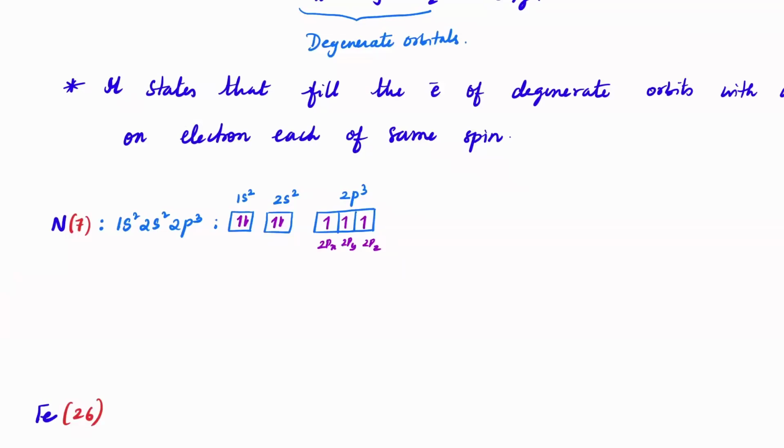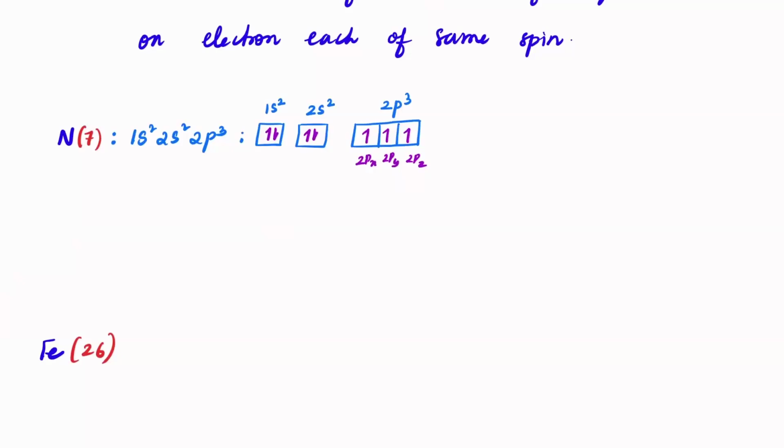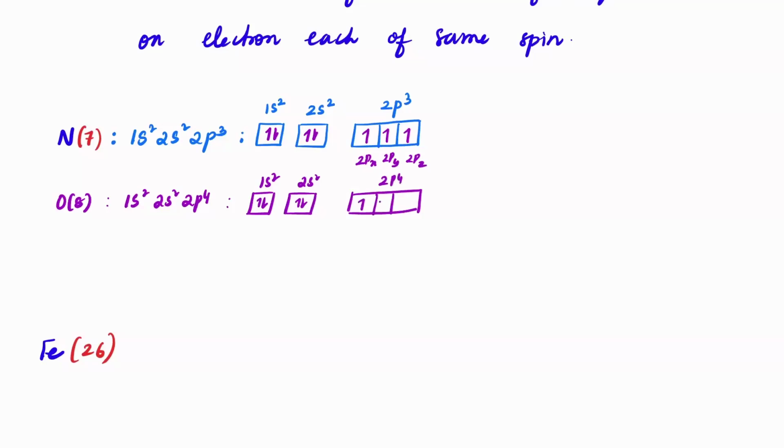Right. Now imagine what if I have to fill oxygen. Oxygen has 8 electrons, which is 1s2, 2s2, and 2p4. As a block, I will write 1s2, 2s2, and then this block of 3 as 2p4. So it is 1, 2, 3, and then we have 4. Now see why we put it this way.